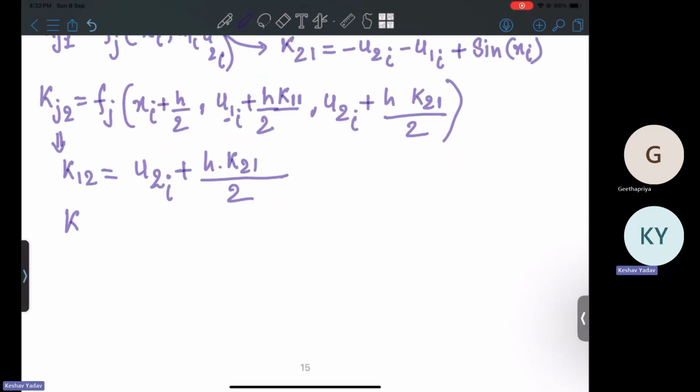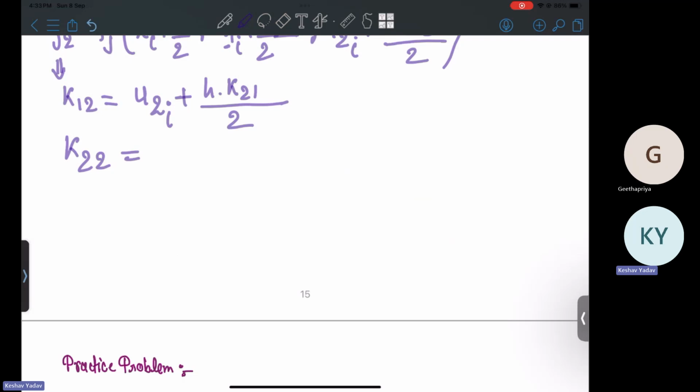Similarly, if I want to write k22, that will be equal to minus u2i. So from here we can write this now. I think you got it now what I'm trying to say. So k22 will be what?